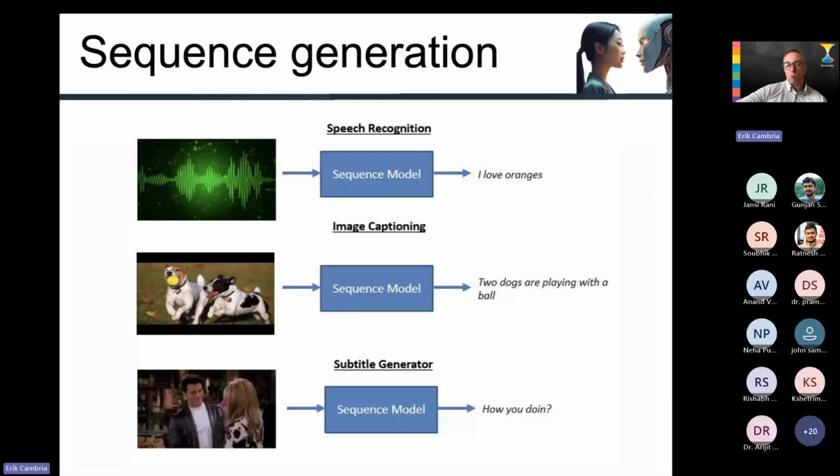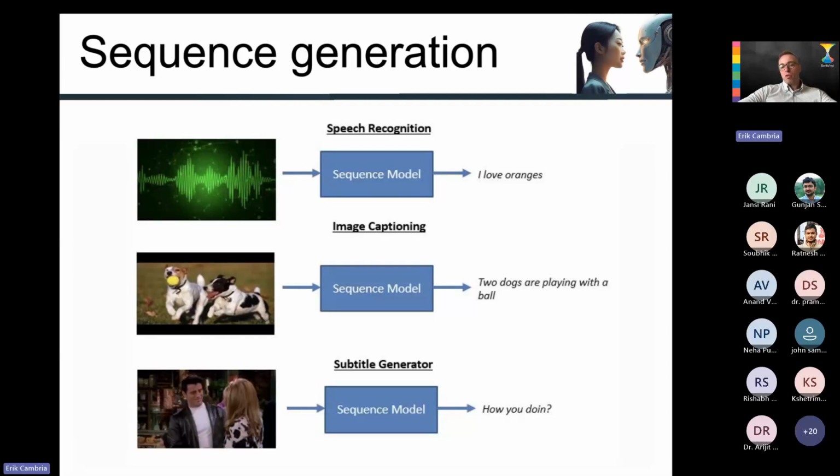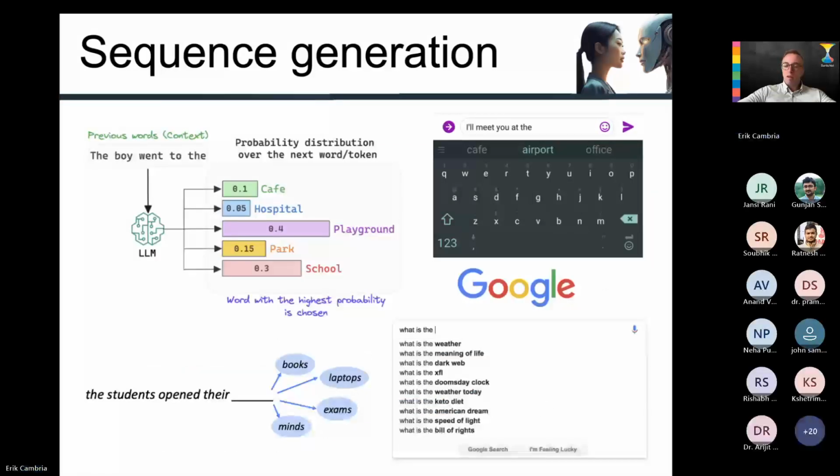And that's how we went from modeling sequences to prompting to generation, where I can model any sequence of words, pixels, and now even speech and video.